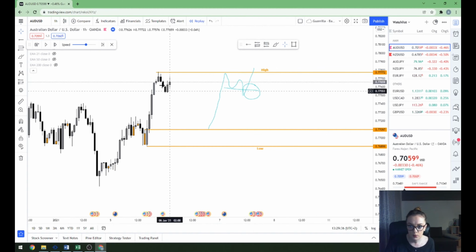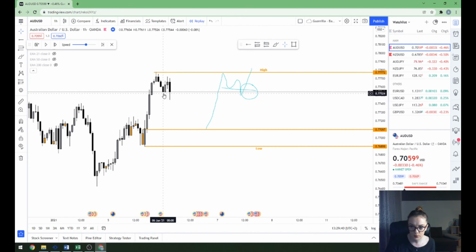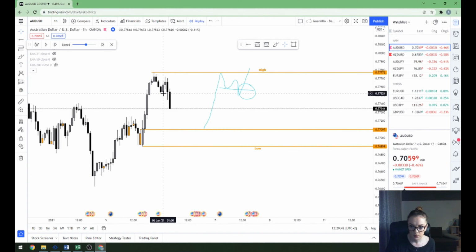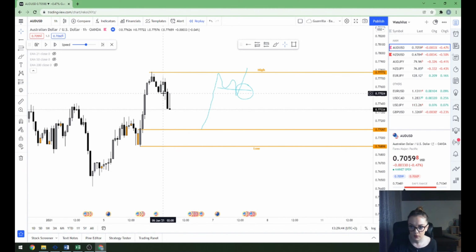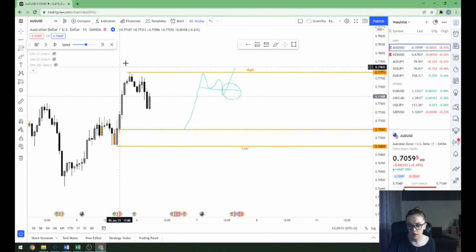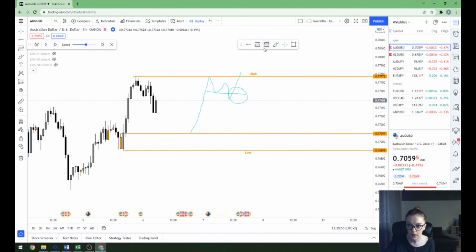Okay, so here we got a low. Now this low was broken, pretty impulsive. And now we get a candle in our direction. So I will not wait now for the price to go to this level. I will place a buy right now.